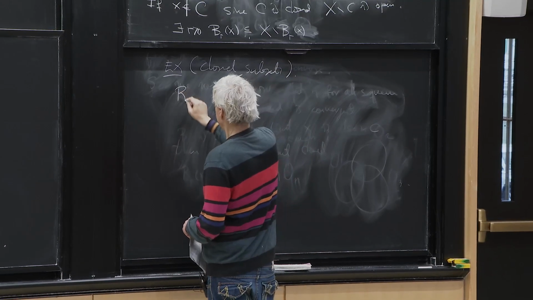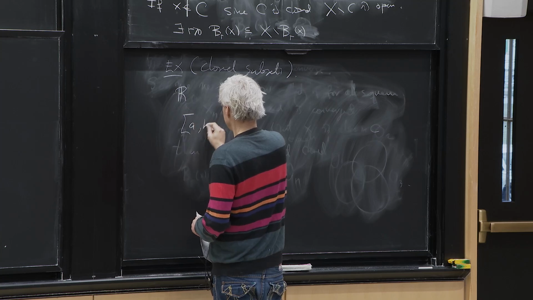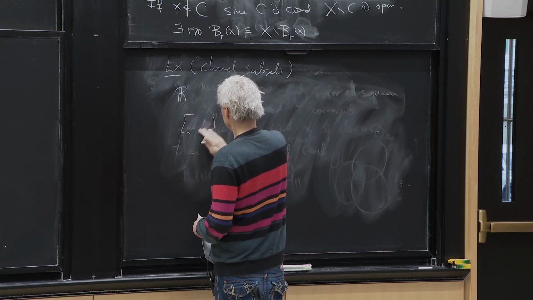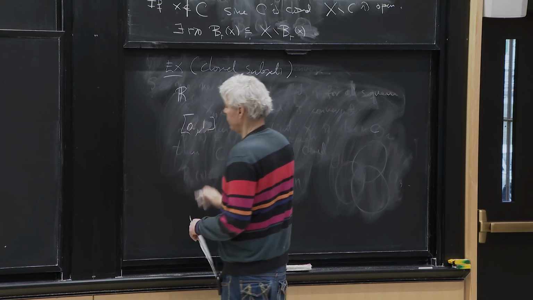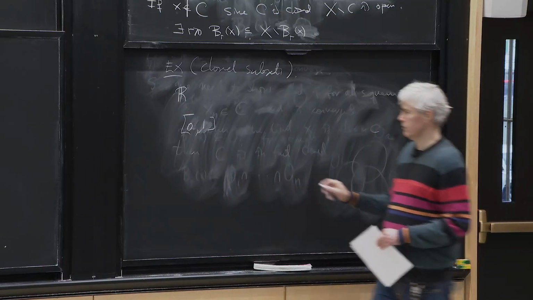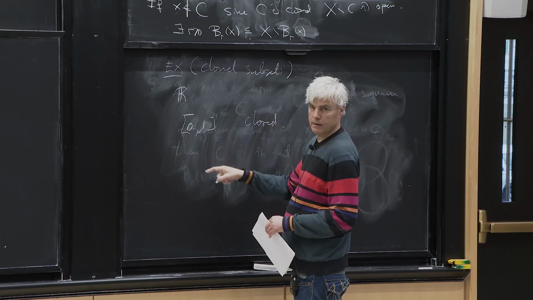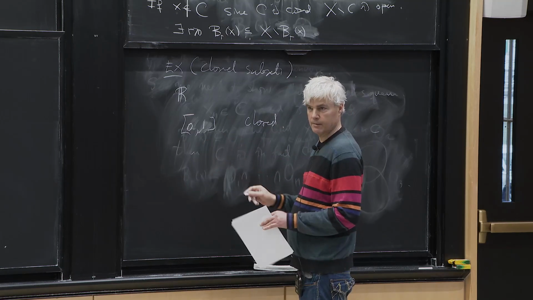If it's in R, a closed subset is like some interval from, let's say, 0 to 1, where both points, 0 and 1, are included. This here is closed. And why is it closed? Because the complement here is open. It's easy to see that the complement is open.